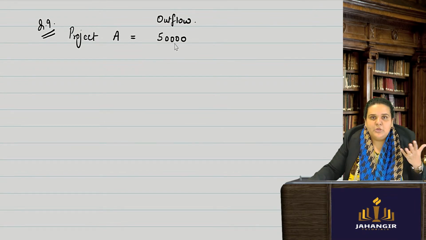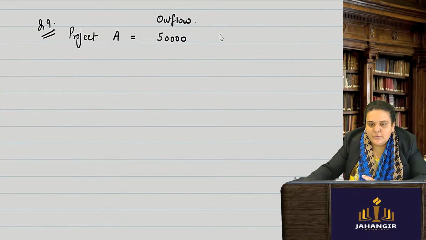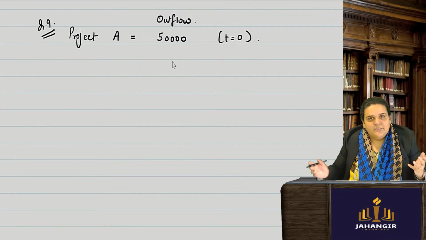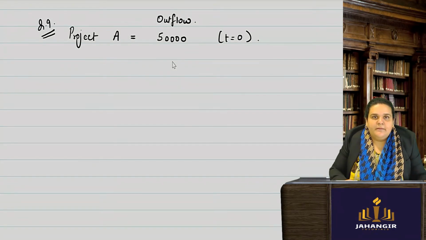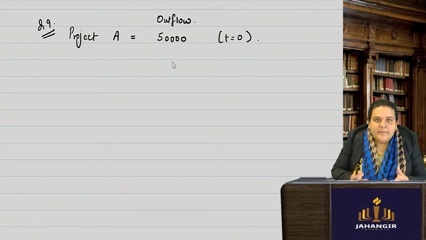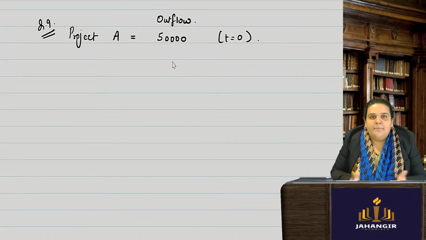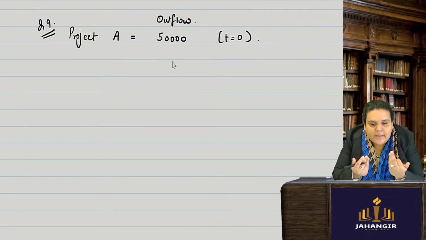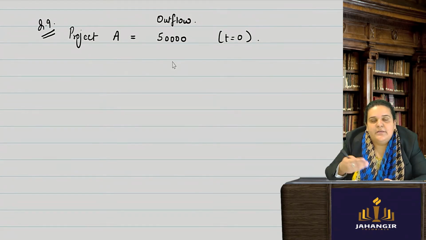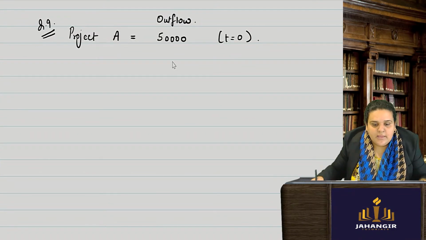I have bought this particular project for 50,000 rupees today, T0. But now I just buy the machinery and keep it in my place, or I will need some laborers to work on that machinery. I'll have to pay them the wages. There will be light, electricity which is used, power supply, water supply. So there is some working capital also involved in order to get these inflows which I will generate over the years. So this working capital is also an expense.